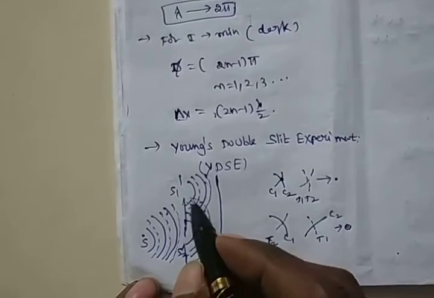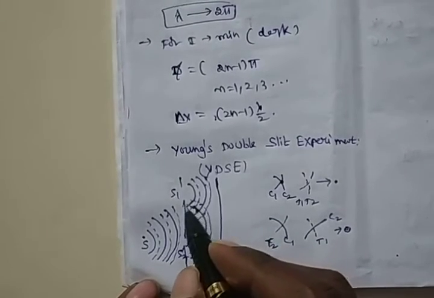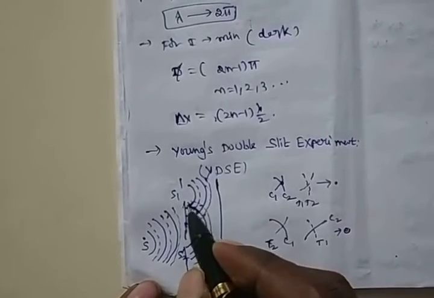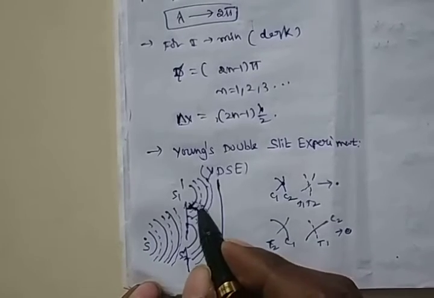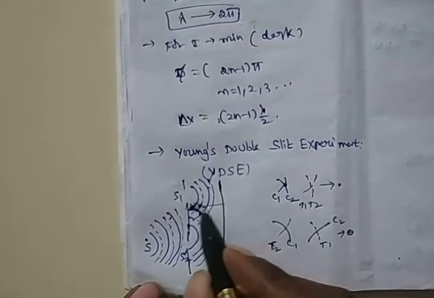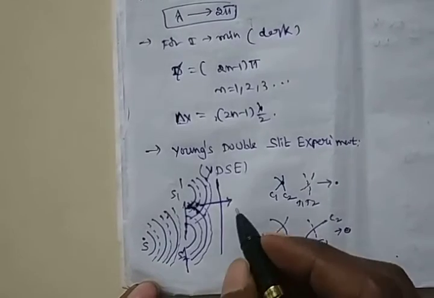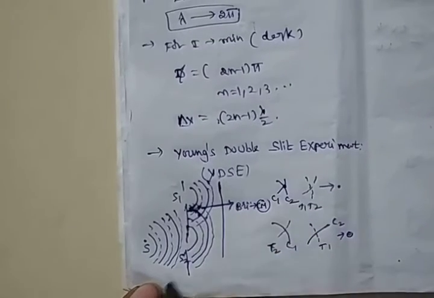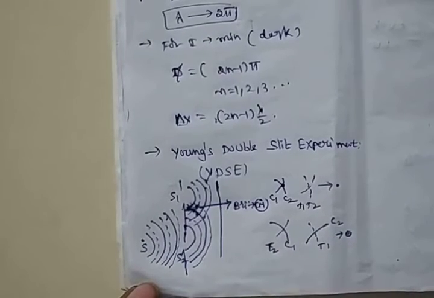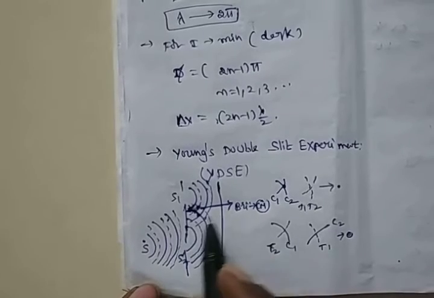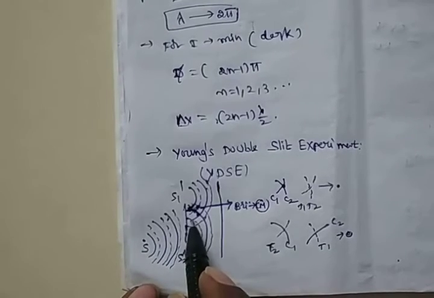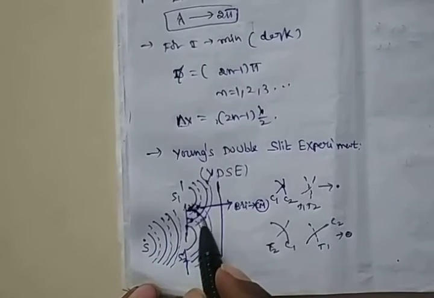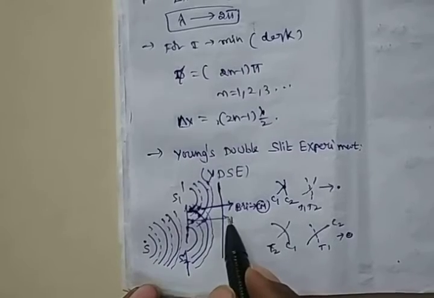Now see here. This is the crest of the first wave and this is the crest of the second wave, so you will get a dot. Here also a dot. With the help of these two, you will get the bright fringe, that is called the central maxima. If the waves go on increasing, see here, this is the minima and this is the minima. By joining this, you will get the first dark.